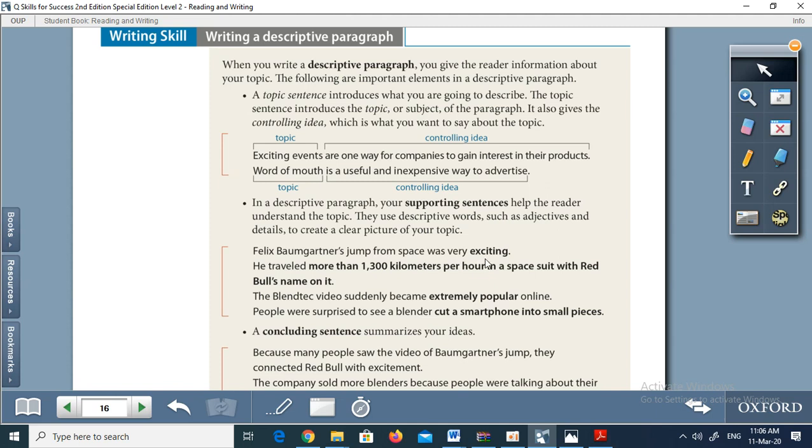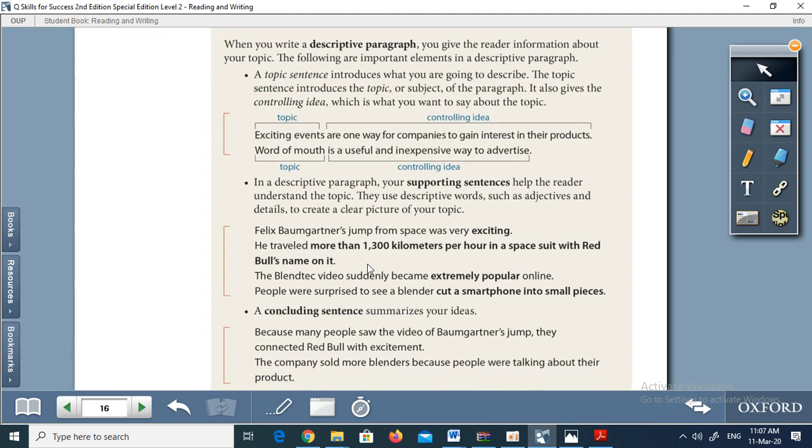So here we're using "exciting." He traveled more than 1,300 kilometers per hour in a spacesuit with Red Bull's name on it. So that's how you give supporting sentences to describe your main idea.